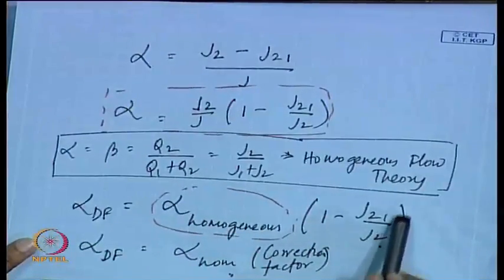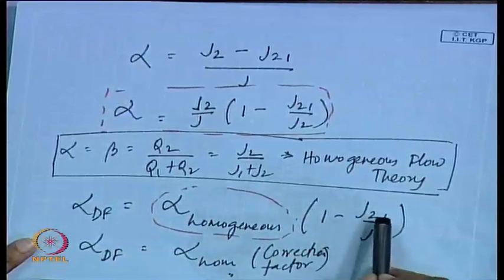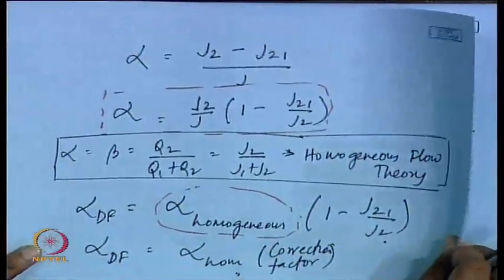Once we have an estimate of J21, we can modify all the parameters of the homogeneous flow model to account for the relative slip between the phases and to give us a better estimation of the hydrodynamic parameters. If this particular alpha and this particular u are substituted in the pressure drop equation, then naturally that pressure drop expression is going to give us a better estimate of the actual situation.